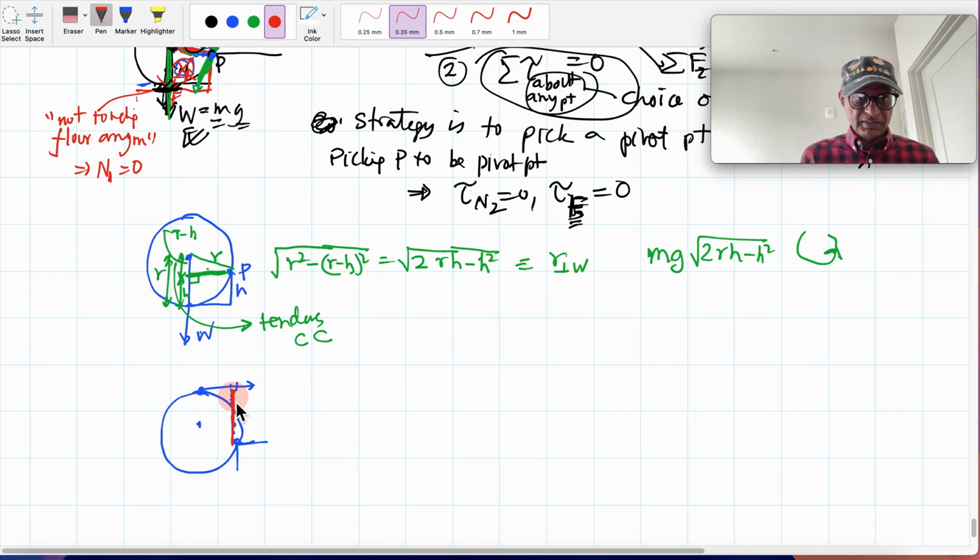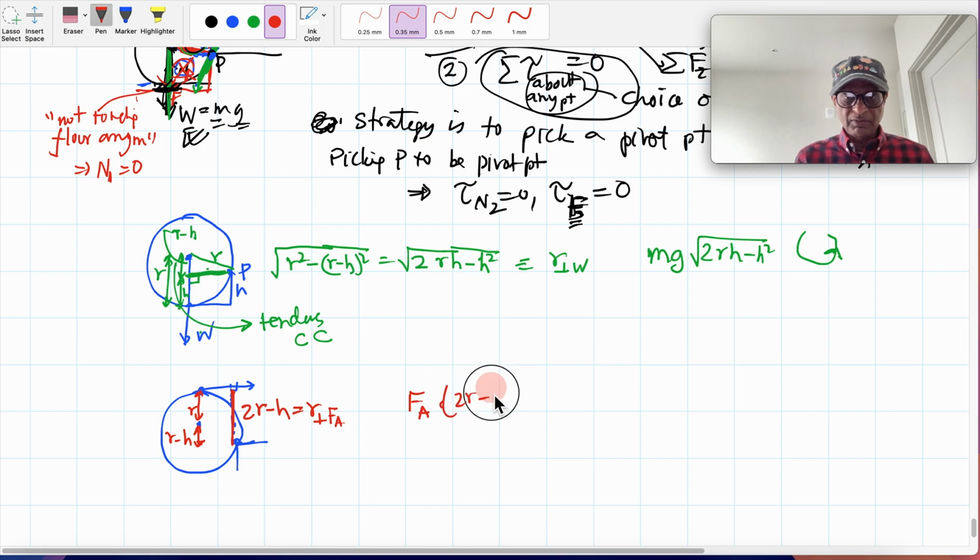This is R, and we already know this one was R minus H. So this distance is 2R minus H. So this is the perpendicular distance for FA. And so FA times (2R minus H). And its tendency is, point P is trying to rotate this way.